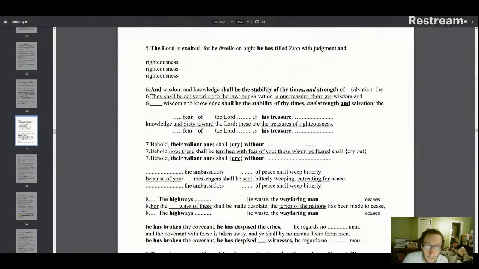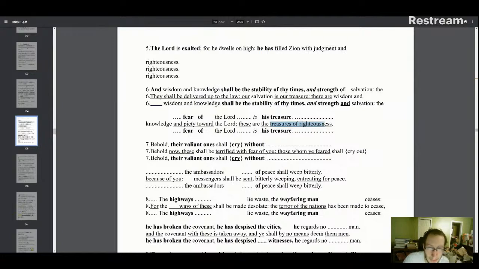Here we have in the Septuagint, it mentions the law, whereas in the Hebrew, it says wisdom and knowledge. So it does say that in the Septuagint as well, wisdom and knowledge. Piety corresponds to fear, looks like. Here we have his treasure versus the treasures of righteousness.